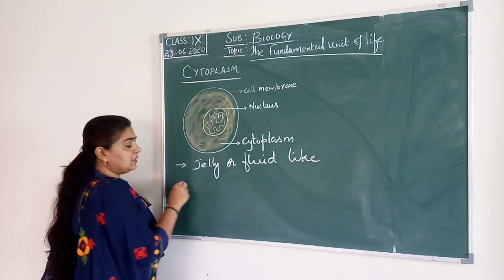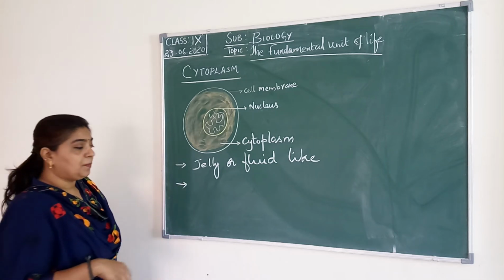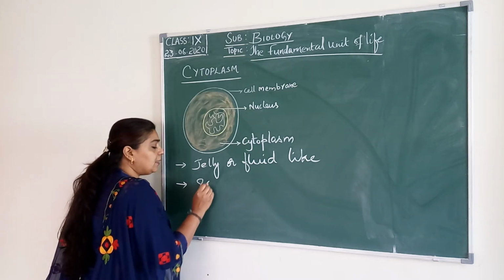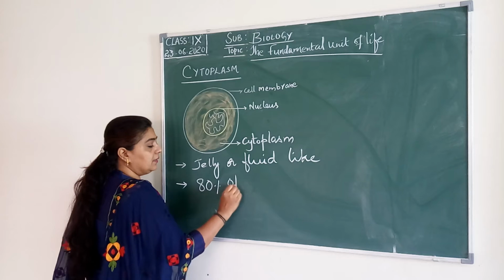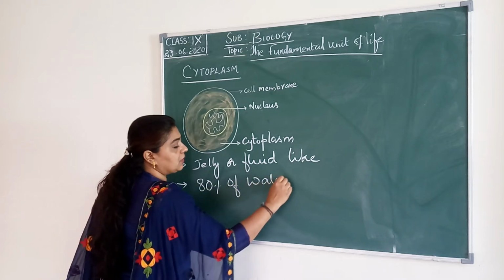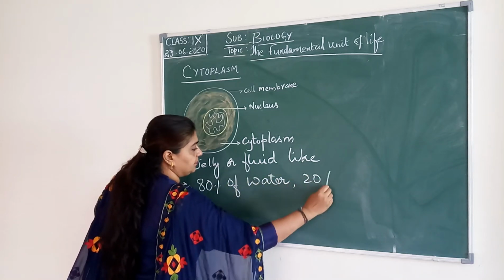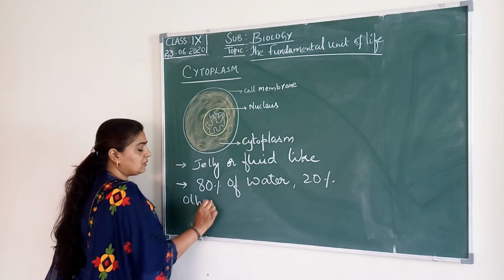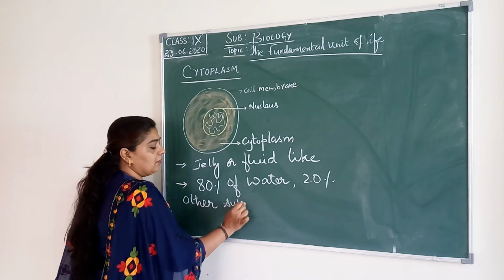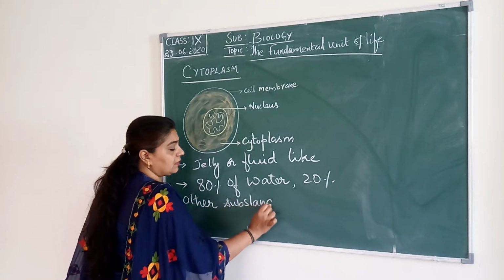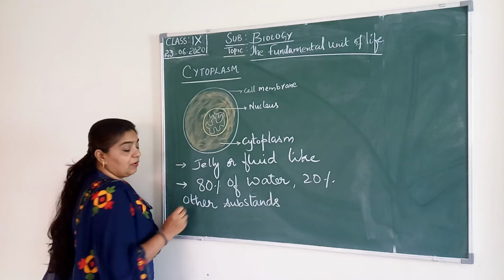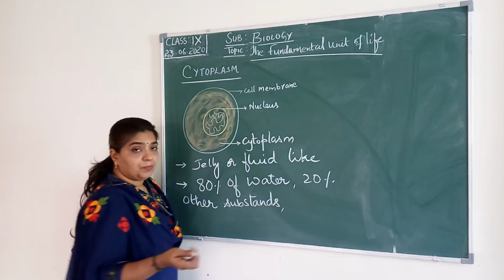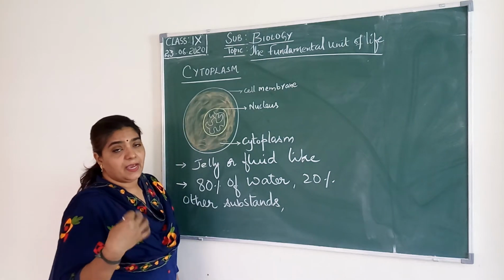So what is the cytoplasm made up of? The cytoplasm is made up of 80% water and 20% other substances. Which are those other substances? It may be food, like vitamins, proteins, fats or oil substances. In plants it may also contain resins and gums.